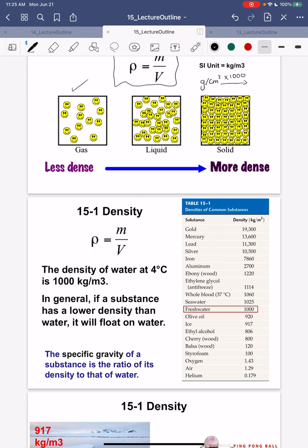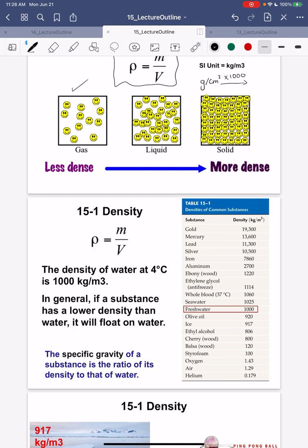The density of water at 4 degrees Celsius is the highest density. It is 1,000 kilograms per cubic meter. When we talk about water, it is going to have less density at less than 4 degrees, and also less density when it is more than 4.